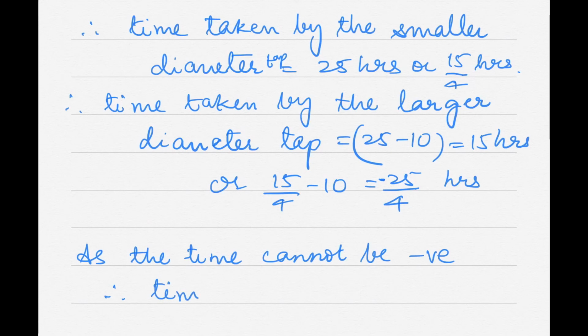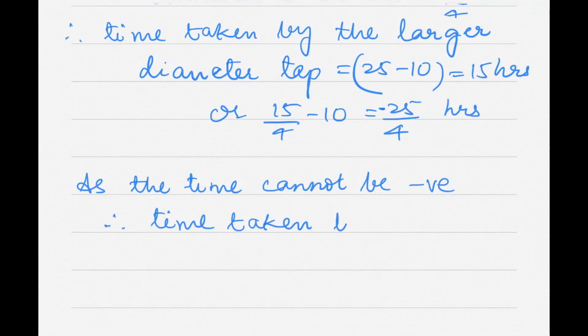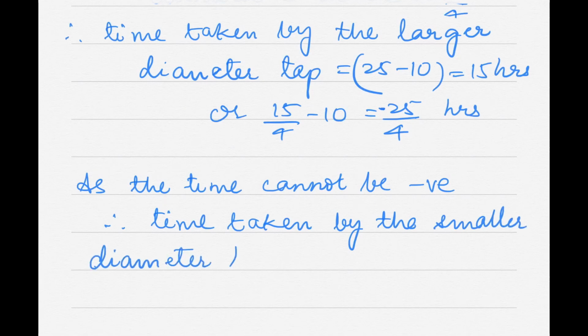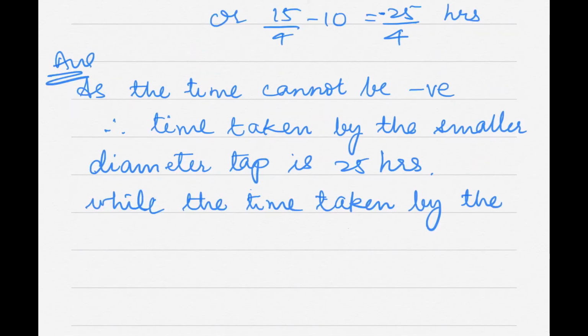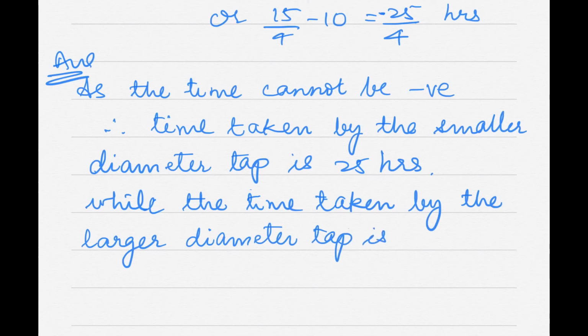Therefore, I can just take it as 25. I can't take 15/4. So the time taken by the smaller diameter tap is 25 hours, while the time taken by the larger diameter tap is 25 minus 10, so 15 hours, correct?